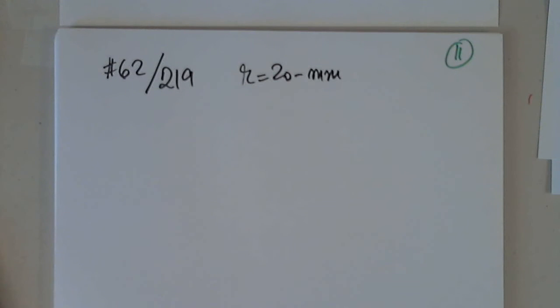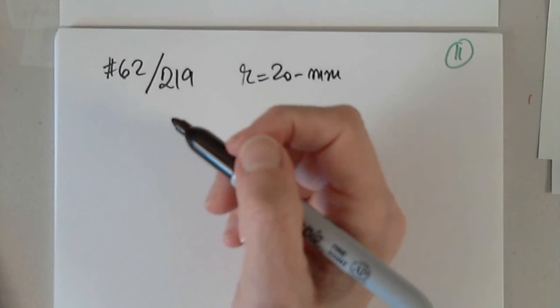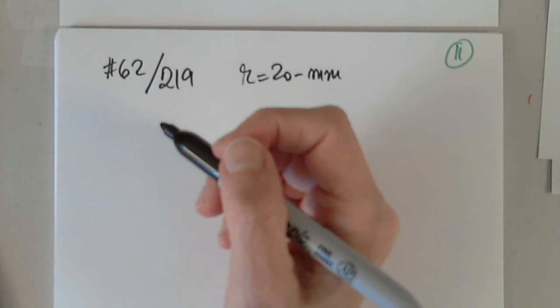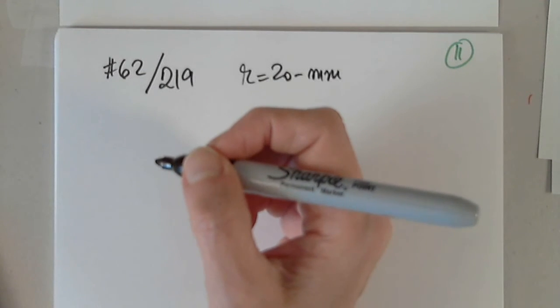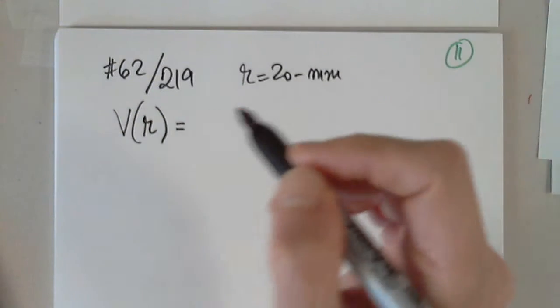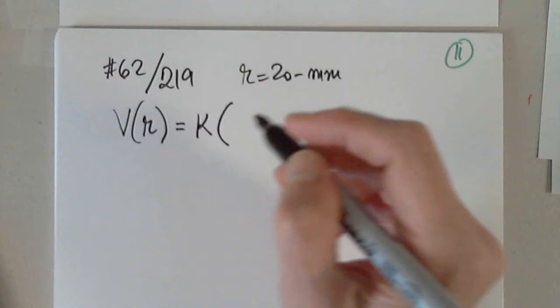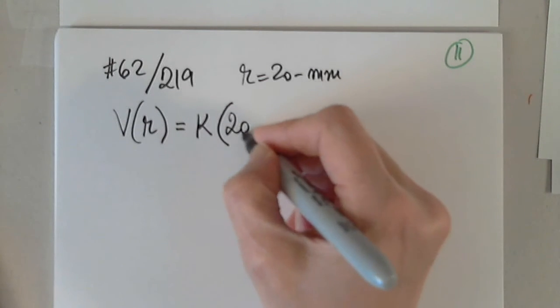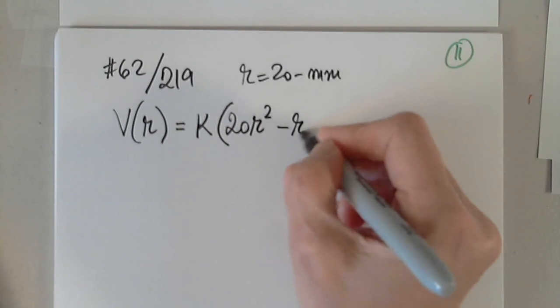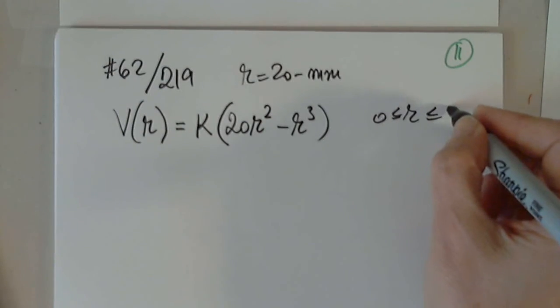If a foreign object has a radius r in millimeters, then the velocity v, in millimeters per second, needed to remove the object by a cough is given by k, some positive constant, times 20r squared minus r cubed, where r is between 0 and 20.